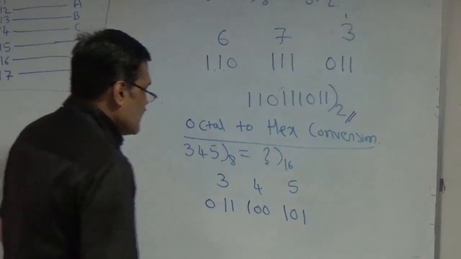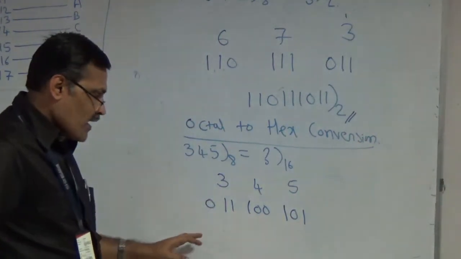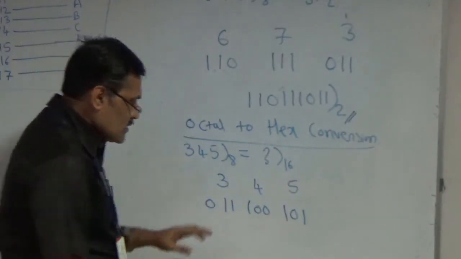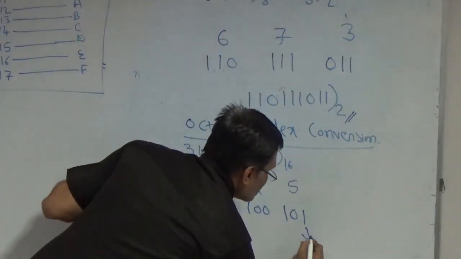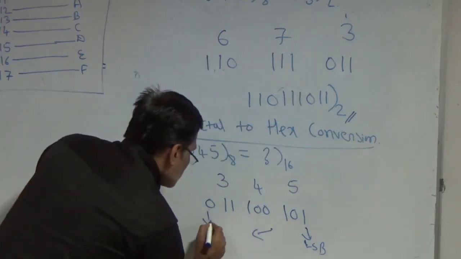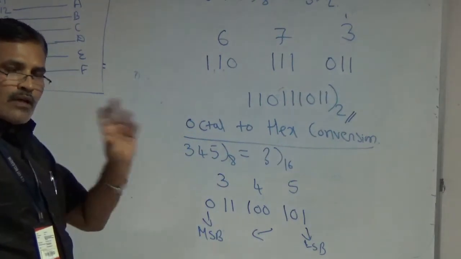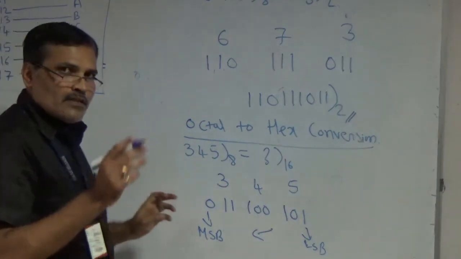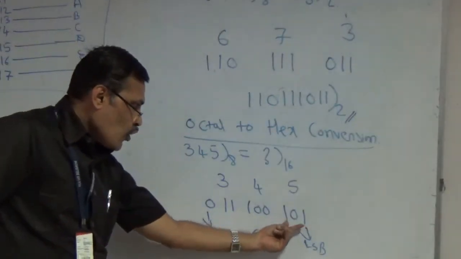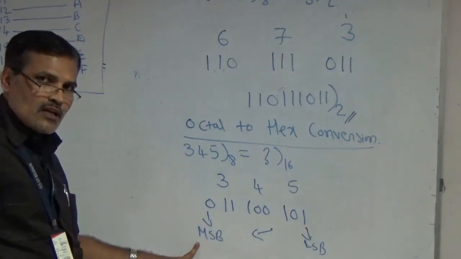Now what you need to do is start grouping this entire binary number, starting from the least significant bit and moving towards the most significant bit. In how many bits do you need to group? 4 bits. So you need to make 4-bit groups from least significant to most significant bit.